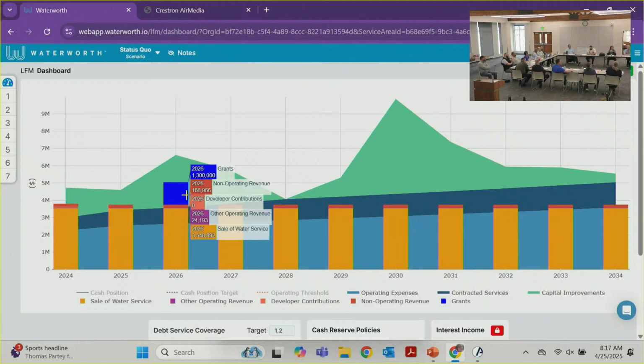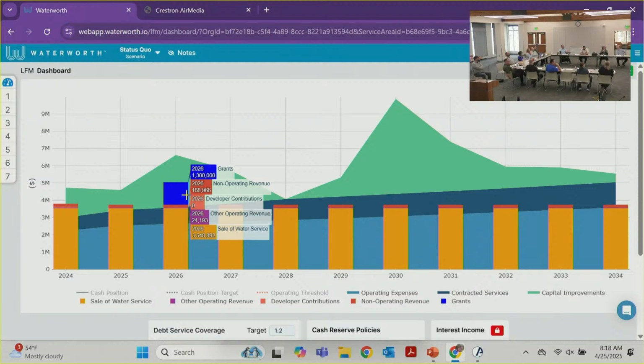And then there's a darker orange, which is non-operating revenue. So that's interest, sale of any assets, connection fees. And then other operating revenue, which is like water meter rentals. So as Marin was saying, every single one of these bars is revenue. I just don't know what all of your revenues are, and I just want to make sure they're all shown.